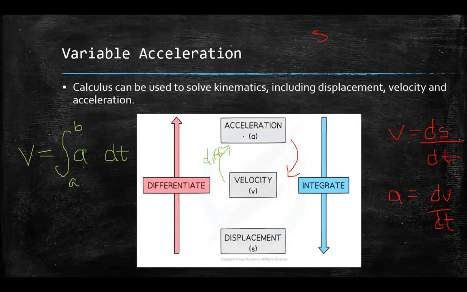Up is differentiation, and we know that the reverse or the opposite of differentiation is integration. And that's why we say, if I differentiate velocity to get acceleration, then I would have to integrate acceleration if I want velocity. Differentiation, integration, they're opposites of each other. Do you understand that?